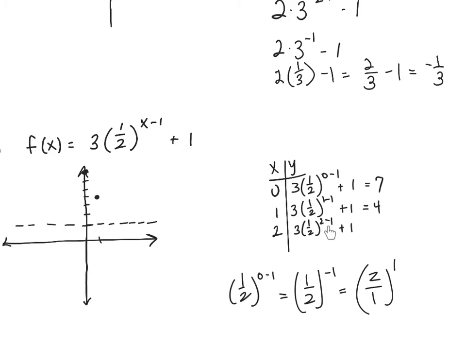So 2 minus 1 is 1. 1/2 to the first power is 1/2. 3 times 1/2 is 3/2. 3/2 plus 1 is 2.5. And we can finish the graph like that.